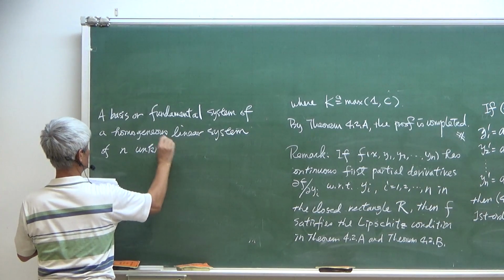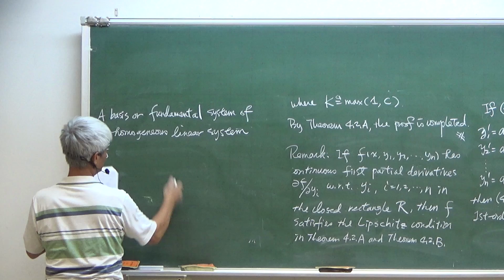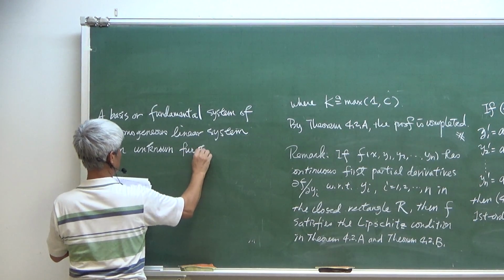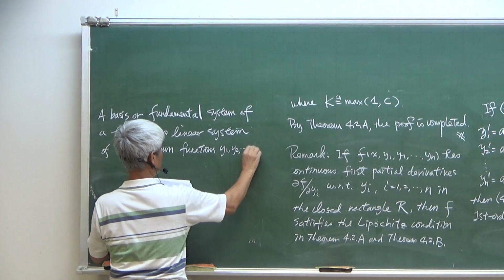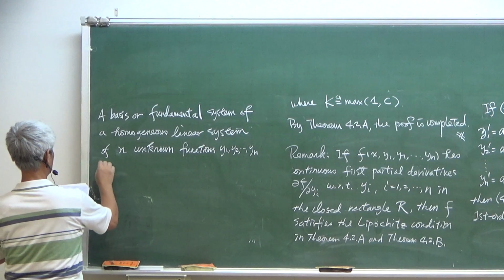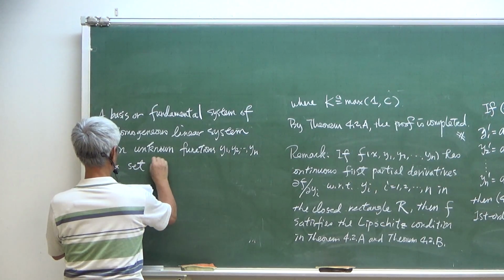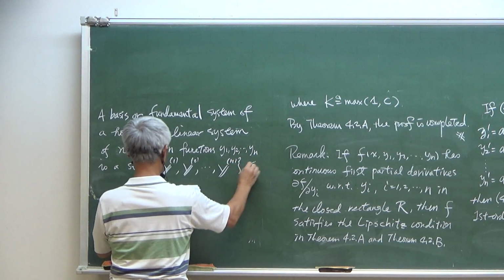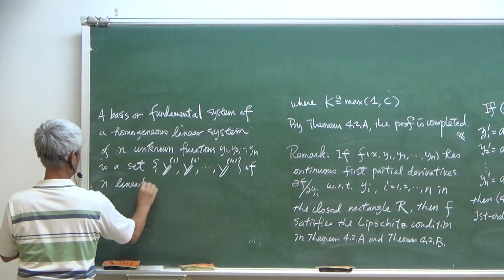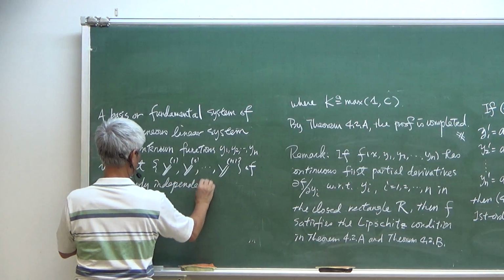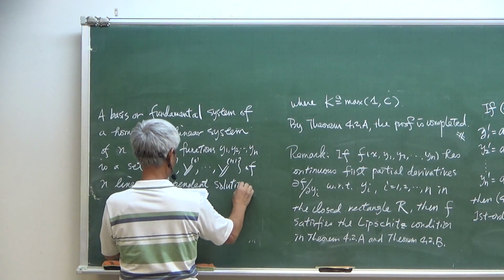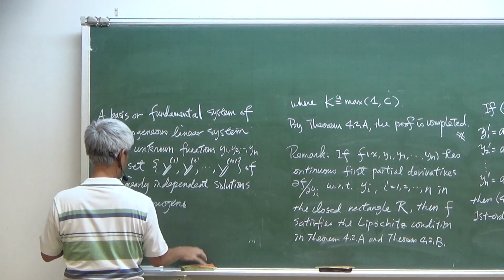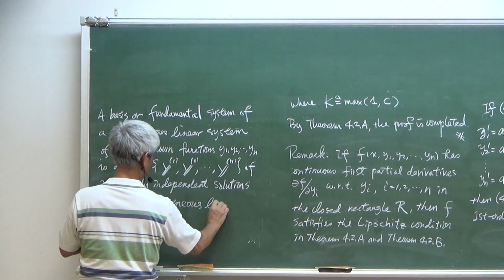Among a homogeneous linear system of order n, a basis is a set of n linearly independent solutions y1, y2, ..., yn of the homogeneous linear system.